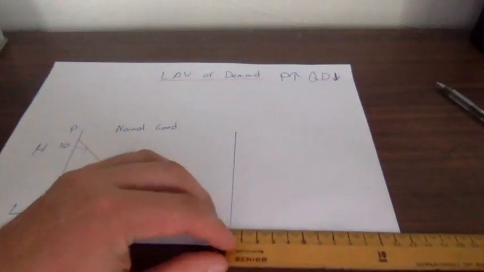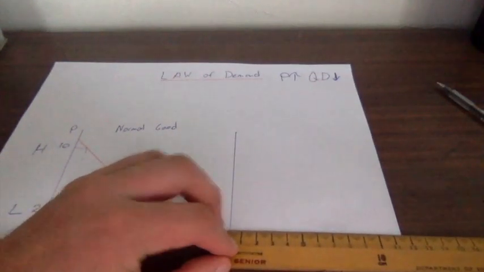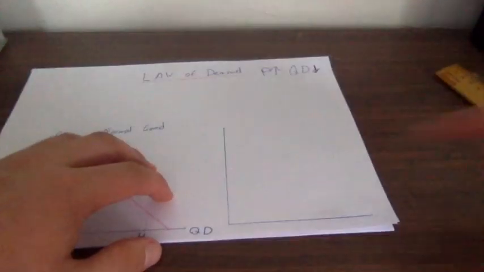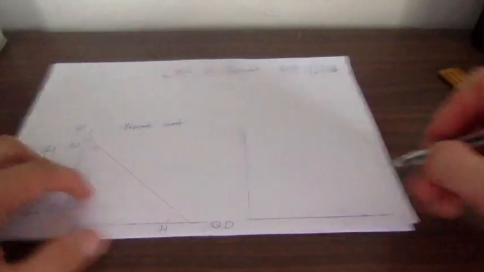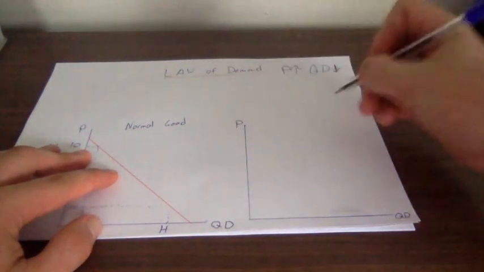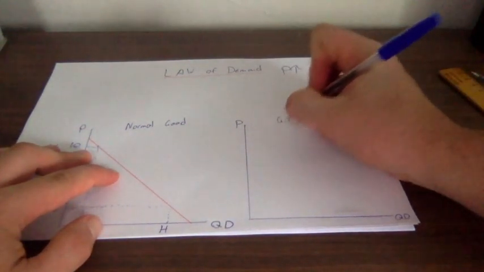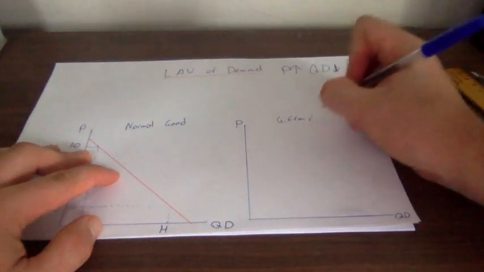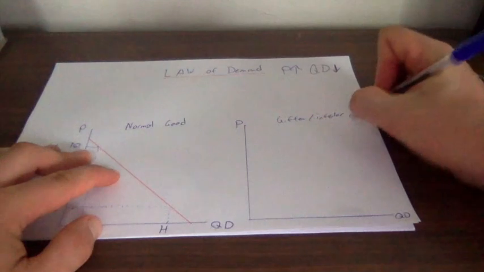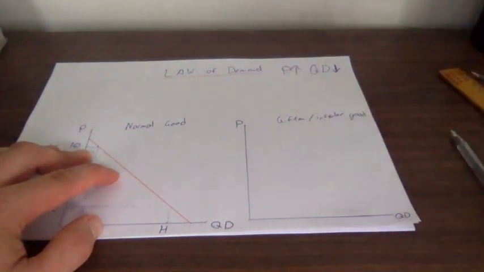Okay, so with a Giffen or inferior good, it actually works in the opposite way to our law of demand. So this is quantity demanded, and this is the price. Giffen slash inferior good.